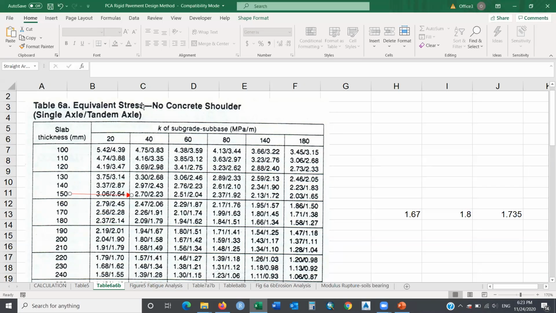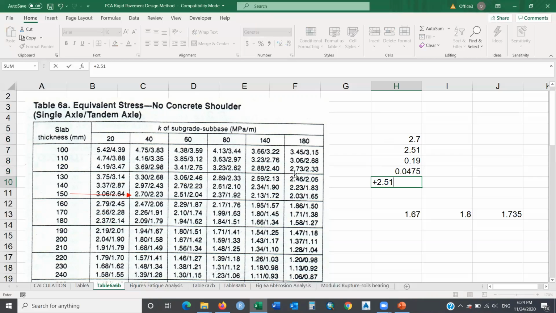That means that the equivalent stress for single axle is somewhere between 40 and 60. Halfway will be 50. And then halfway again will be 55, which is where we are. So we have from 270 to 251. This is the difference for the whole span, and we divide this difference over 4, and we add that to 251.